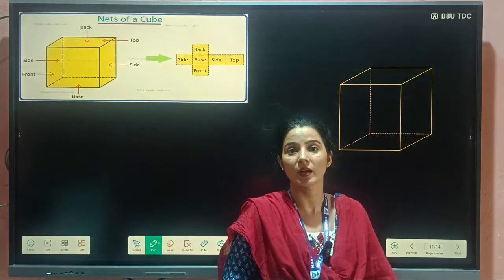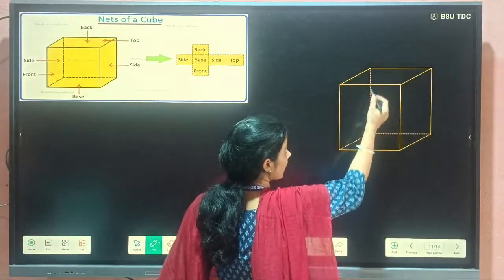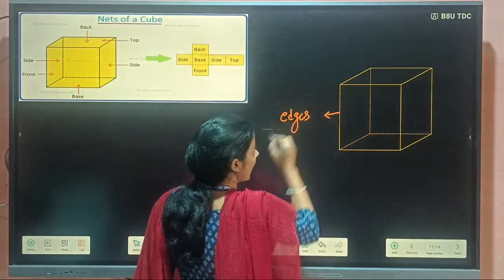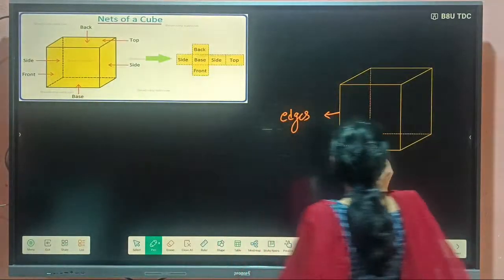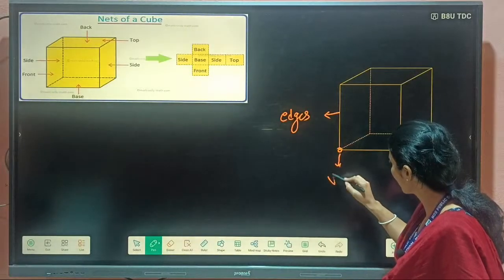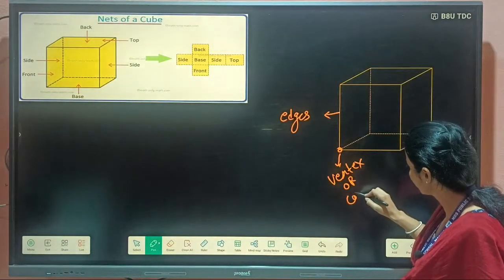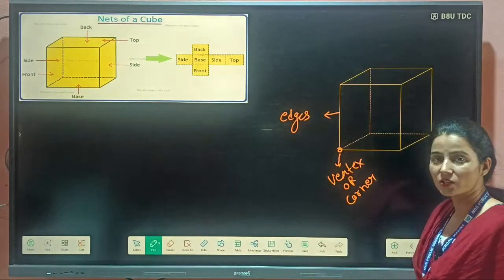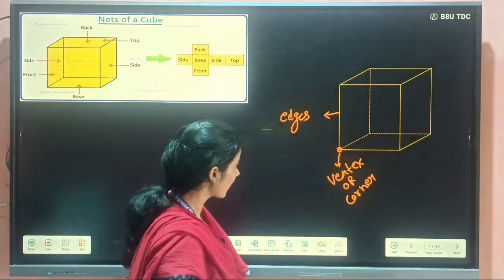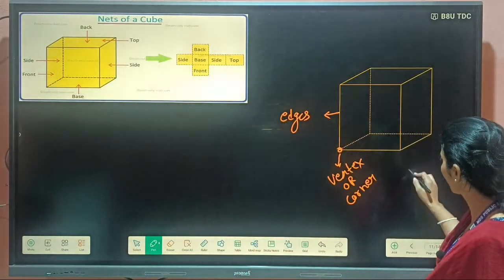And where edges meet, that point is called a vertex, or corner.